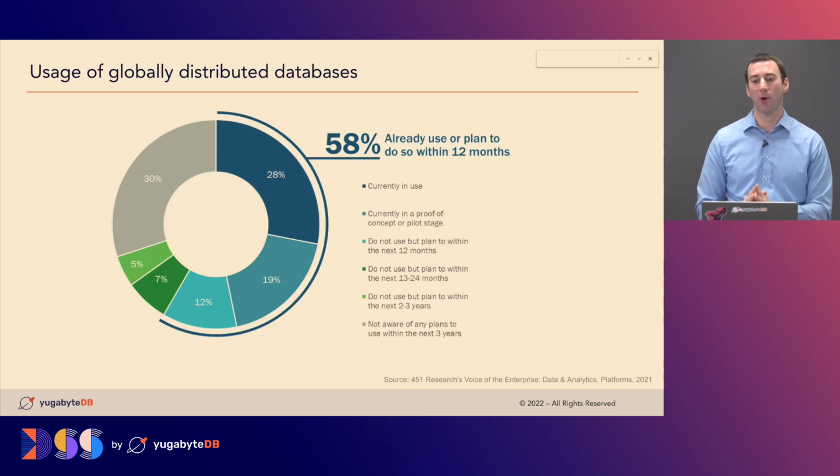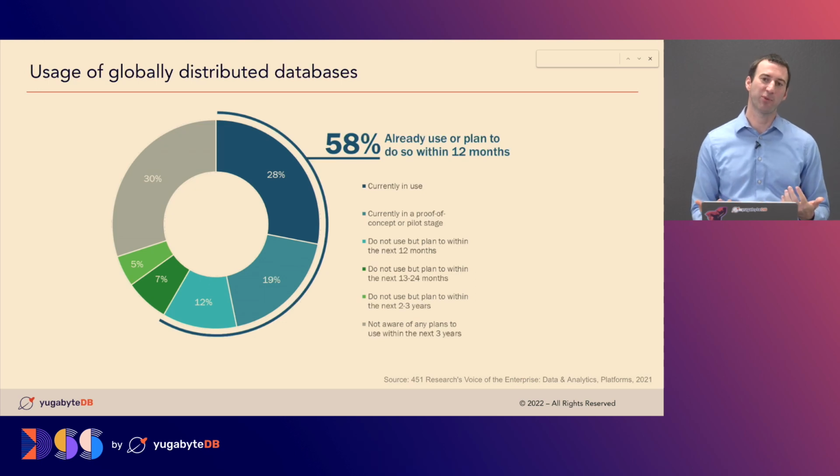And if you look at the market data out there from 451 Research, their Voice of the Enterprise, they're reporting that 58% of enterprises are using or planning to have globally distributed databases. So we see this number continue to rise. And again, going back to our DB-Engines rankings, we're seeing this trend move forward as we get more and more into the adoption phase, the mainstream of using distributed SQL.